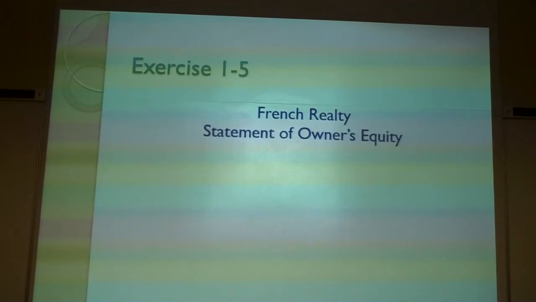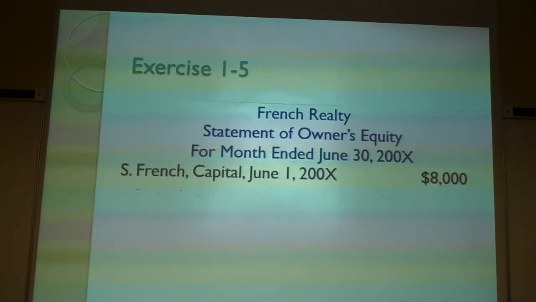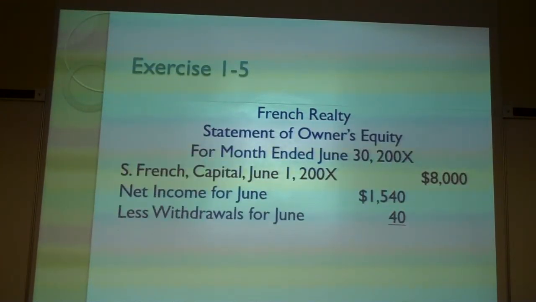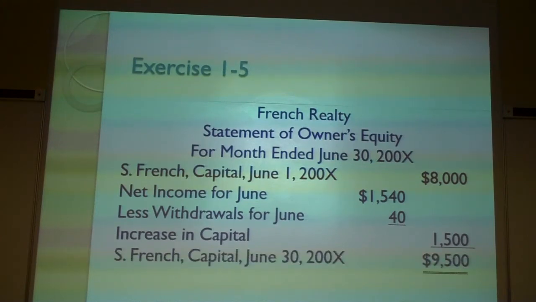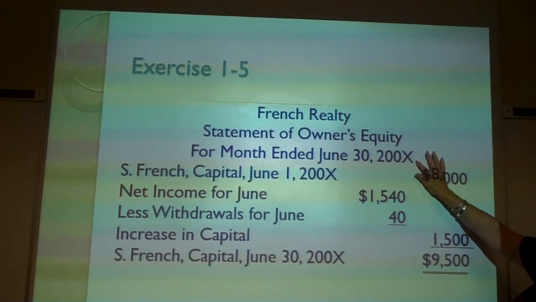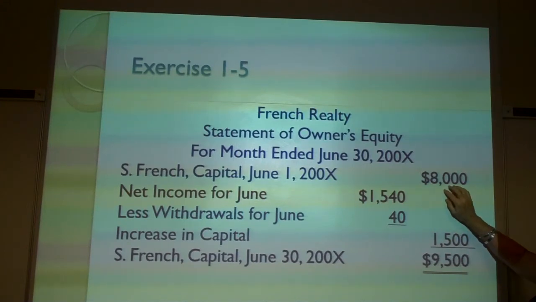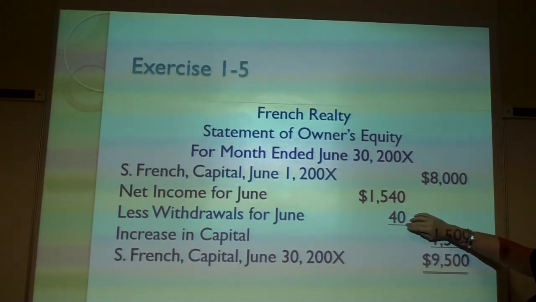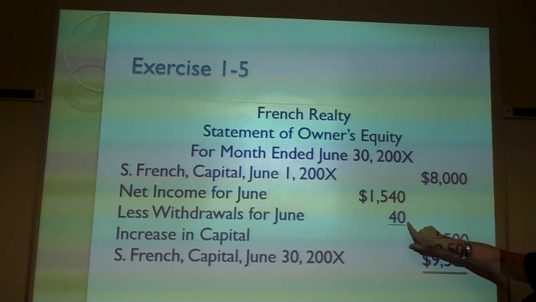All right, here's the statement of owner's equity. Again, the heading is the same: the name of the company, the name of the statement, and the date. The statement of owner's equity is for the month. Here's what we started with. We had a net income, we had a withdrawal. What did we do to this one? We subtracted.